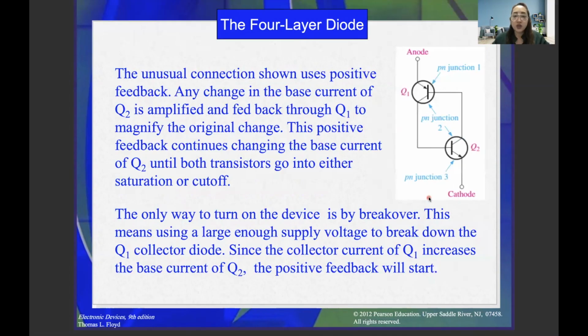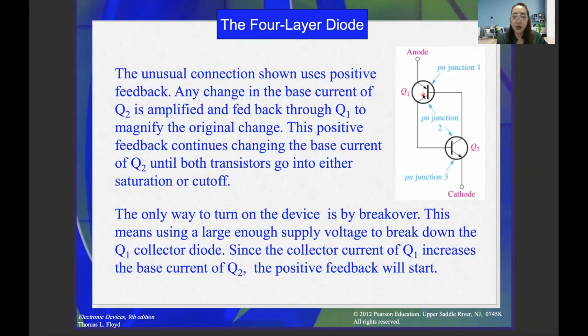The usual connection shown uses positive feedback. Any change in the base current of Q2 is amplified and fed back to Q1. If the current here in Q2 is magnified, it will feed back to Q1.